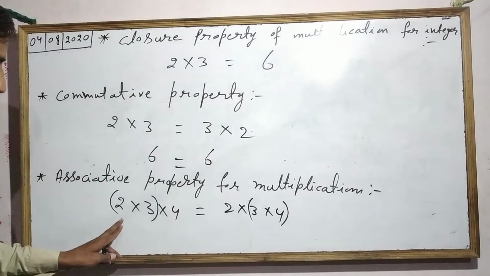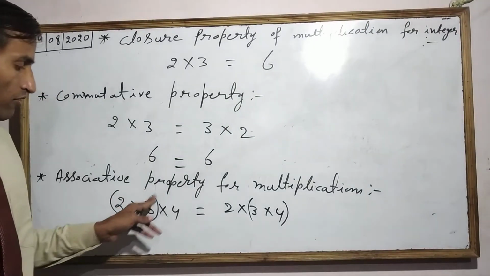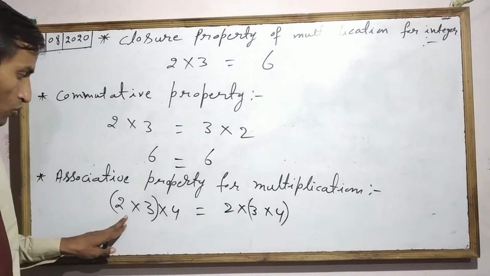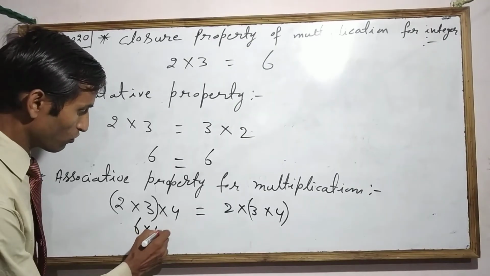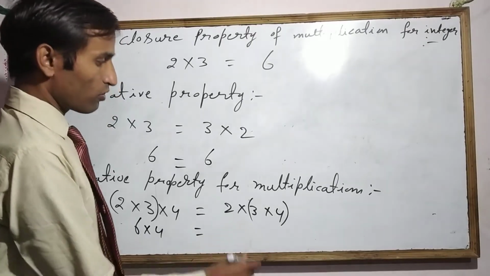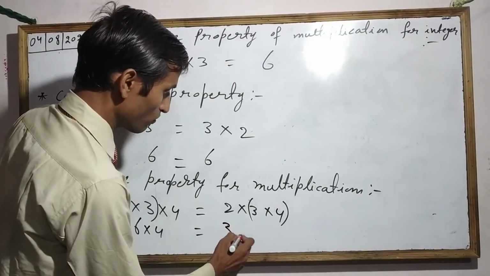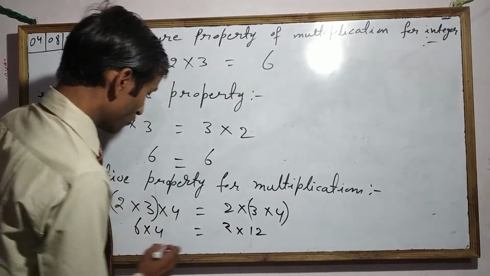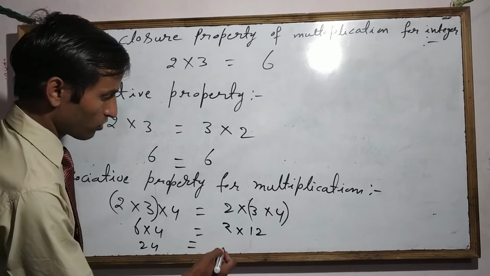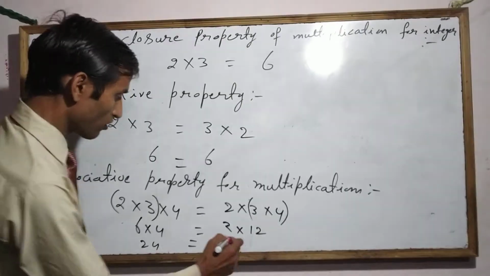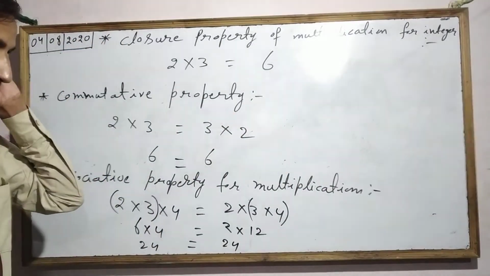We first do the operation inside the bracket, then multiply again. So 2 threes are 6, and then multiply 6 into 4. In the other, 3 fours are 12, so 2 into 12. 6 fours are 24. Here also 2 twelves are 24. So both are equal. It follows the associative property for multiplication.